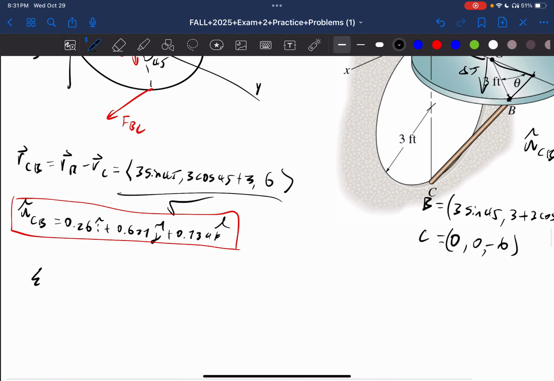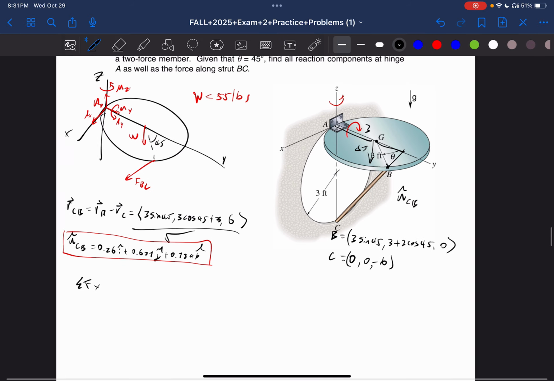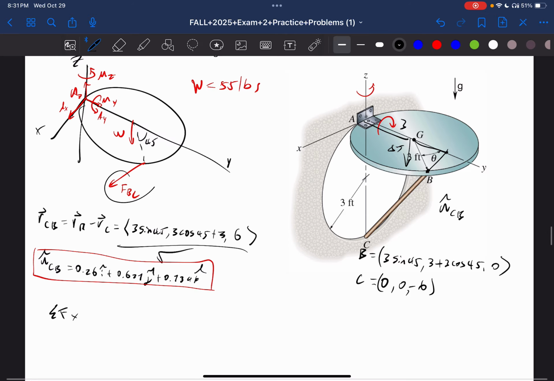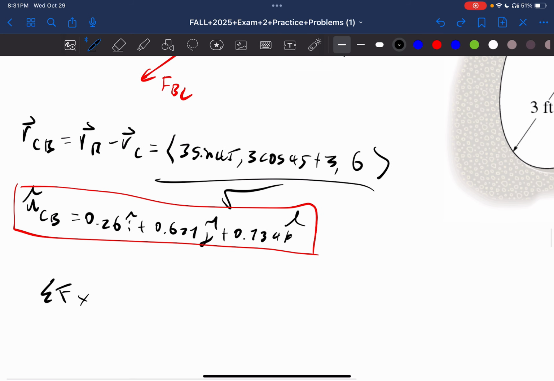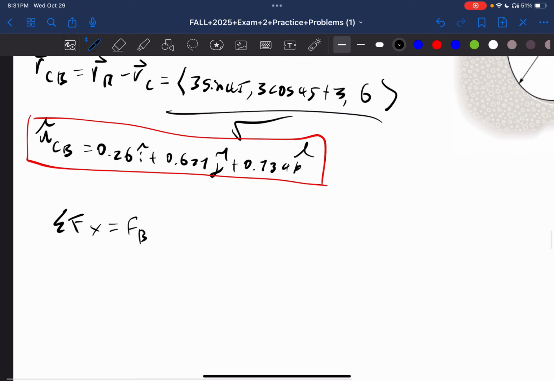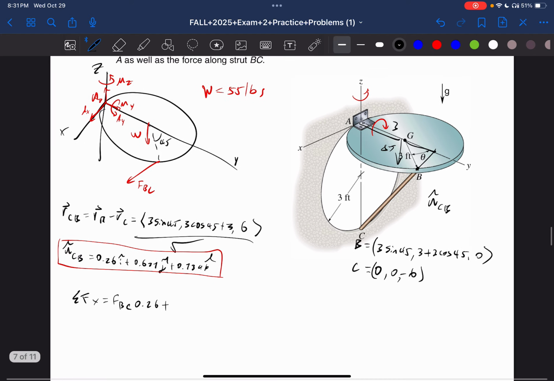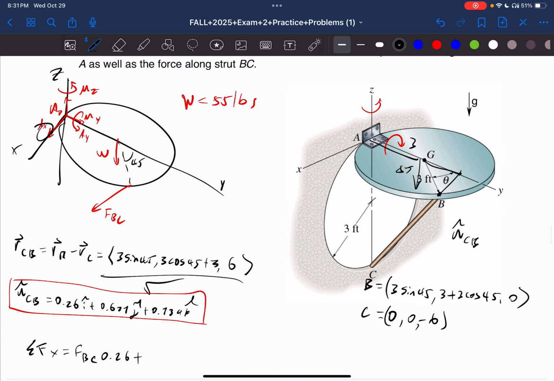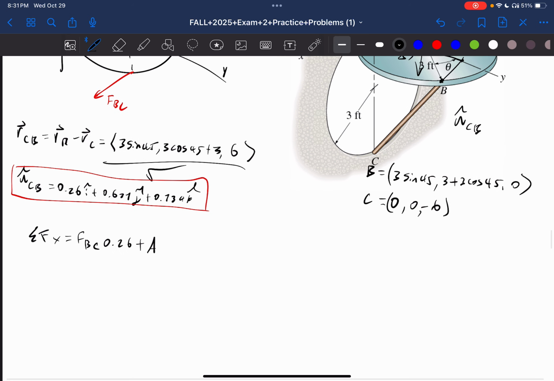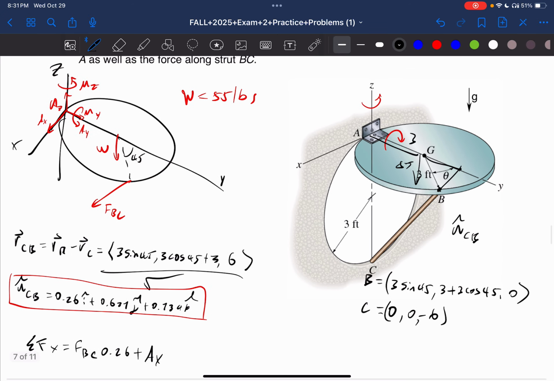So the sum of the forces in the X direction is going to be equal to this component in the X direction, which is F_BC times 0.26, plus AX. What else do we have in the X direction?